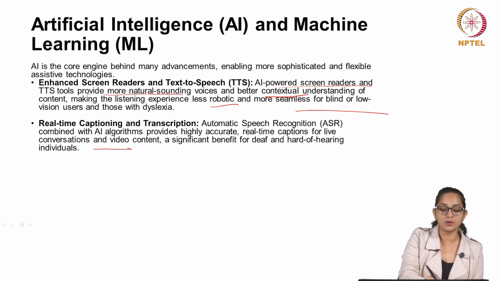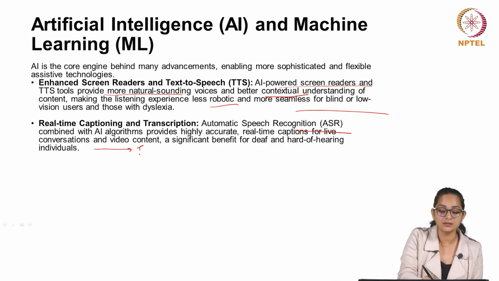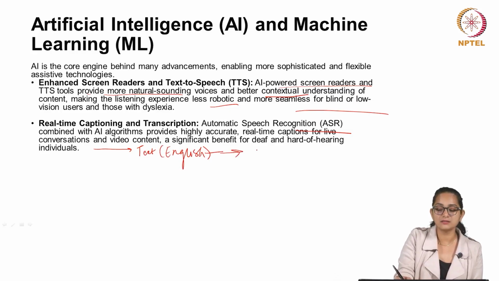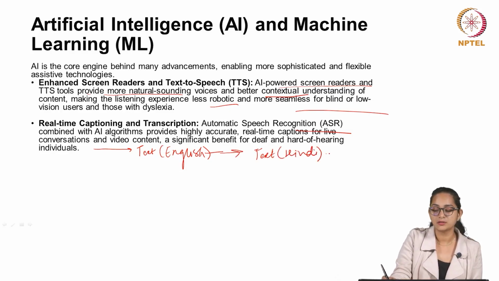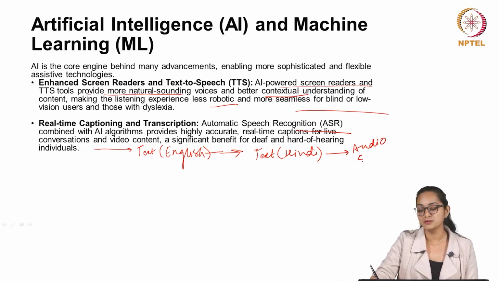So one is listening, so automated speech recognition, listening and understanding and converting it into text of say one language, and then translating it in real time into text of a different language, and then again communicating it in an audio format using text to speech.